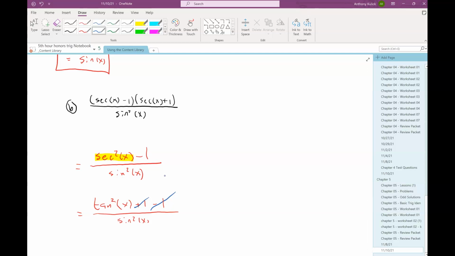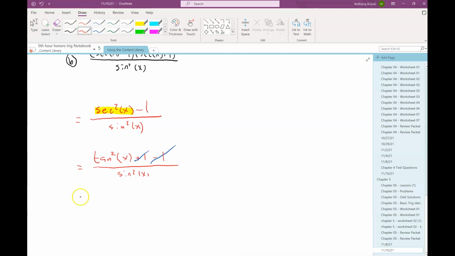That's an improvement, right? We got rid of all the addition and subtraction going on. We're down to a single fraction. Is there more we can still do? Well, sure. What I would typically do in this kind of situation is think about these as the product of two fractions. So I'm going to think about it as tan squared times 1 over sine.